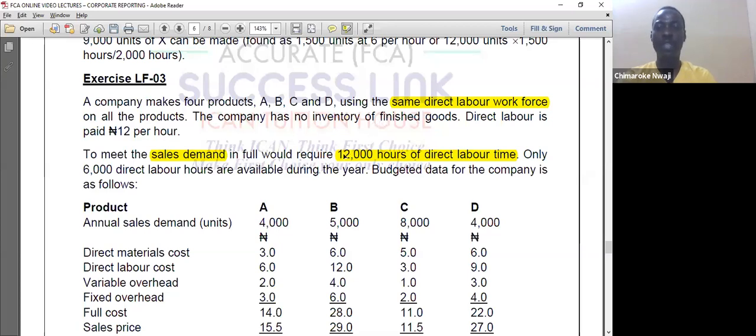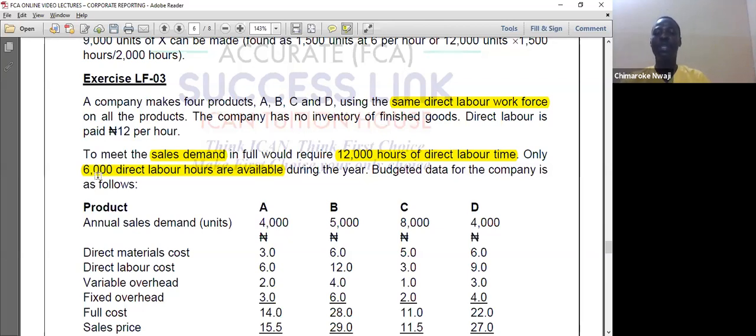Second hint here, they are giving you the number of hours that is required. Now, to clinch it that it is the limiting factor, look at what they said. Only 6,000 direct labor hours are available. They now told you that, yes, this is what is required, but this is available.